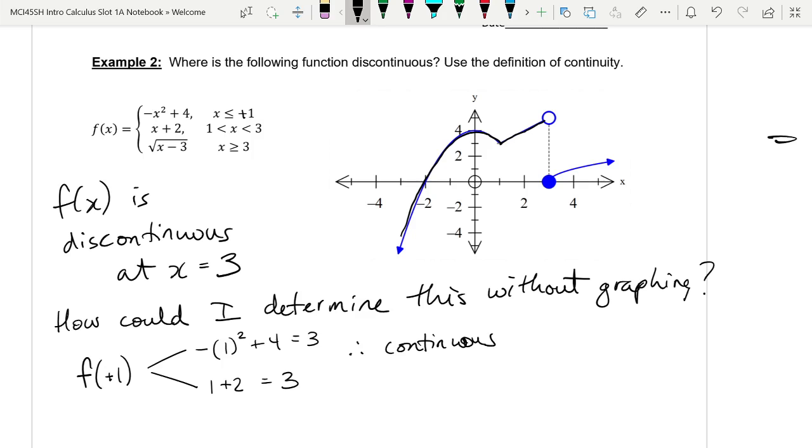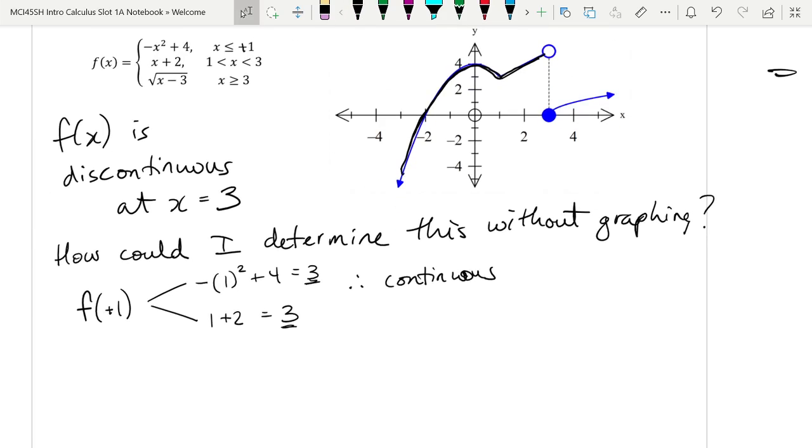Even though I've switched from one equation to another, I didn't have to lift my pen because where one of them ends and the next one begins is the same value. But now let's try f of 3. Well, f of 3 would exist in the function x plus 2, which gives me 5.